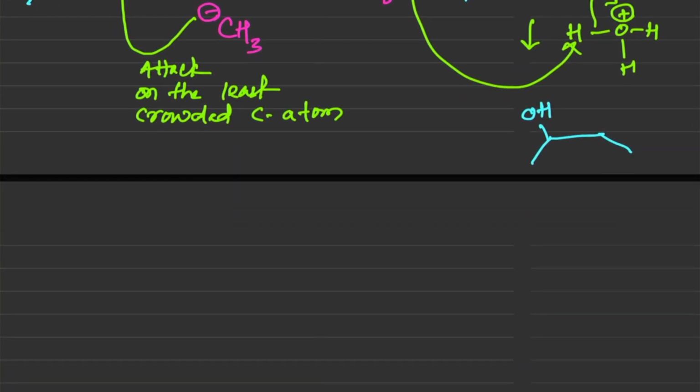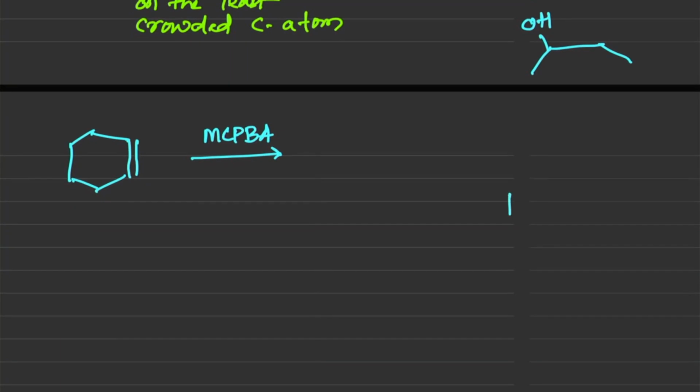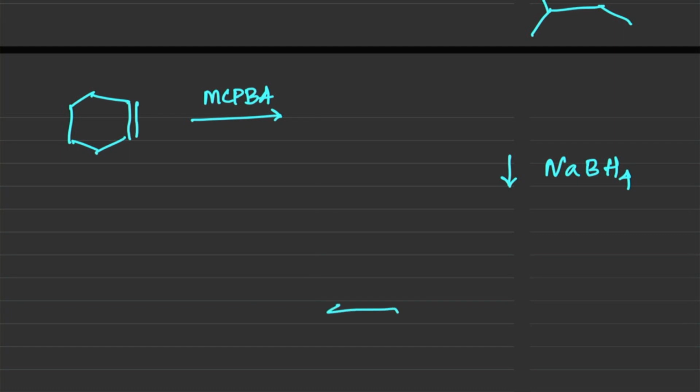Problem three. So what if, again, we are not focusing on stereochemistry yet. We are focusing only on the reaction. So what if you have this, you treat it with MCPBA, and then you react it with something like, let's say, sodium borohydride, followed by H3O plus.